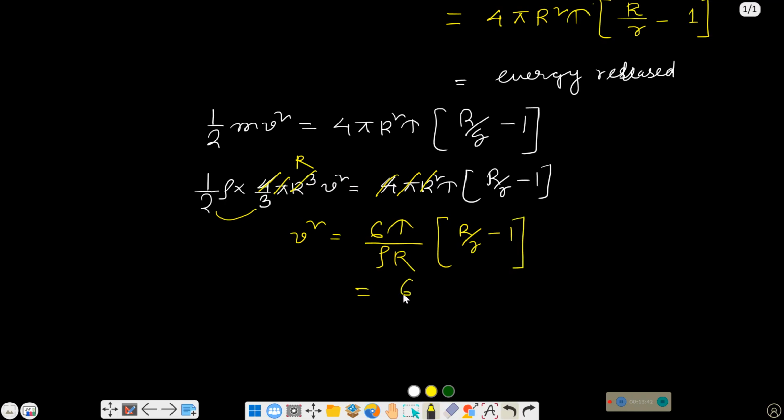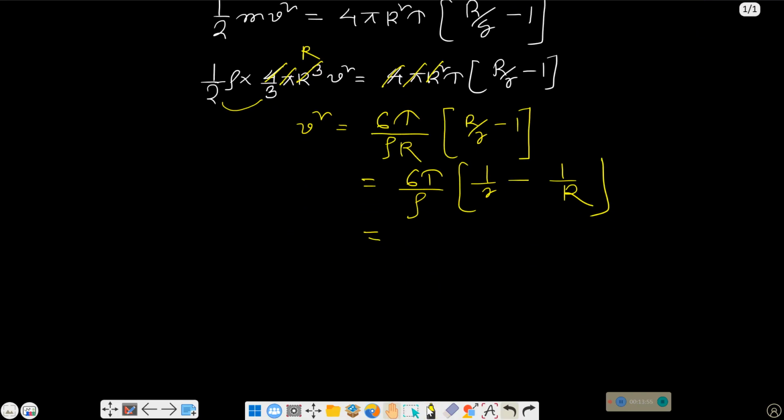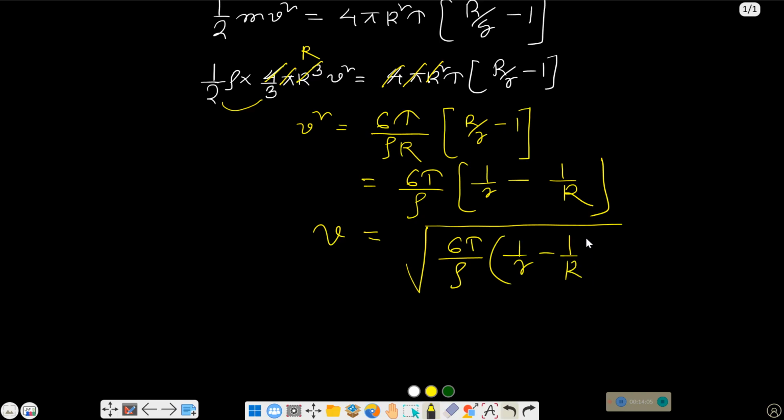Okay, now this can be written as 6T by rho into 1 by r minus 1 by capital R. Okay, so the velocity of the bigger drop will be v equal to root over 6T by rho into 1 by r minus 1 by capital R.